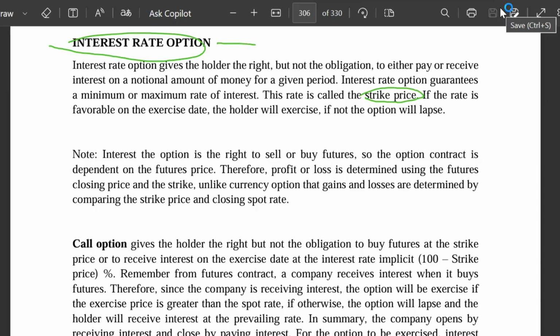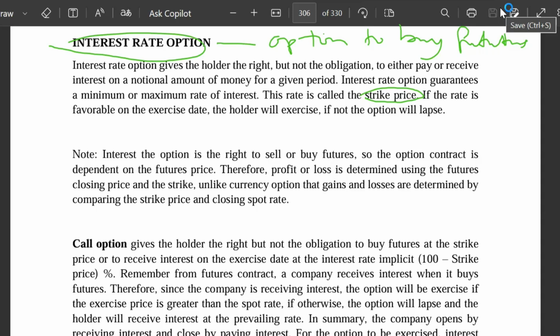Let me write that here: option to buy futures. That means the futures contracts cannot be separated from the option contracts. And you have the buyer and the seller of the option.